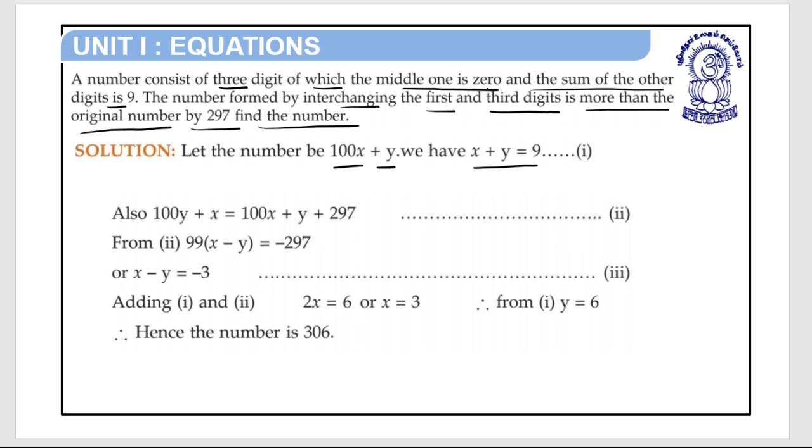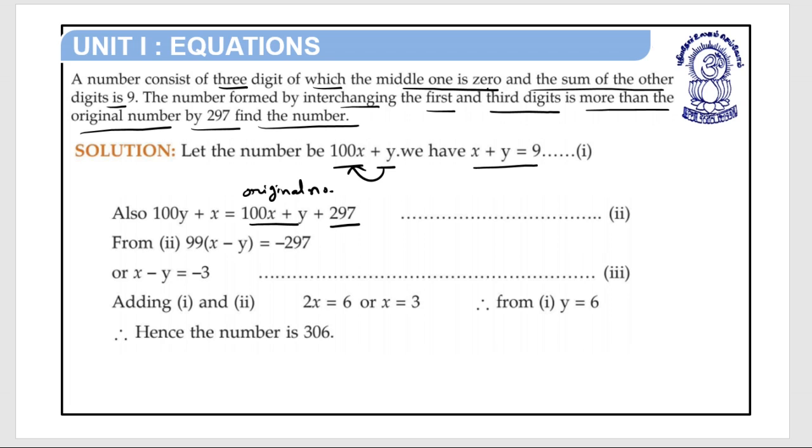Now 100y plus x, because the number formed by interchanging the first and third digit is more than the original number. So 100y plus x is equal to the original number, 100x plus y, plus more than the original by 297.